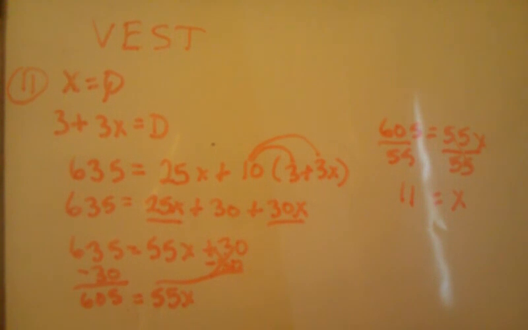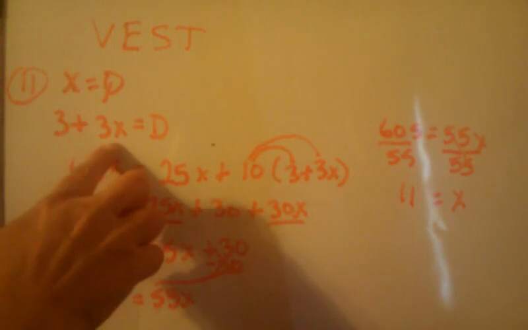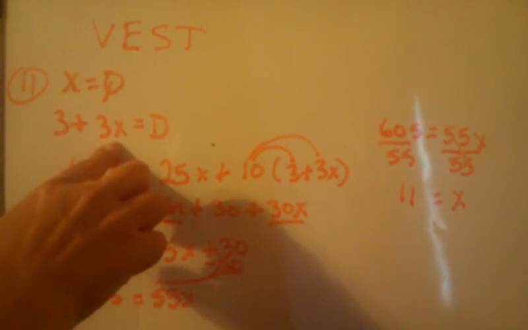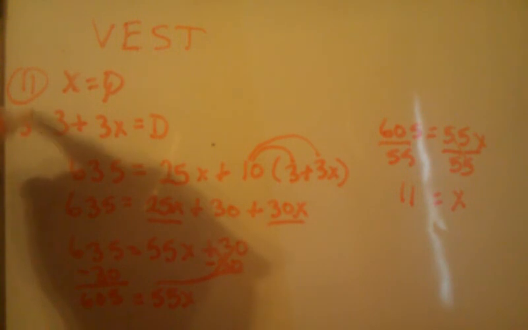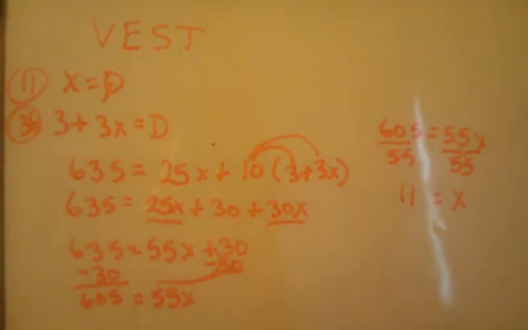So we didn't have to find out the dimes. But if you wanted to do the dimes, 3 times 11 is 33. 33 plus 3 is 36. You would have come up with 36 dimes. Okay. Go ahead and finish this lesson.